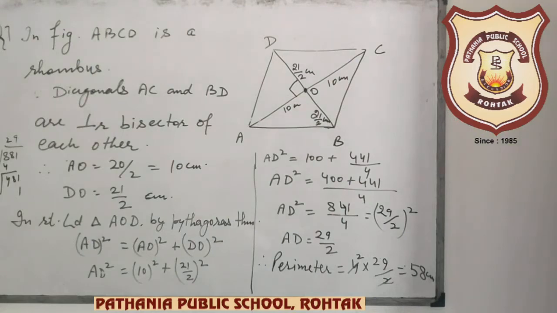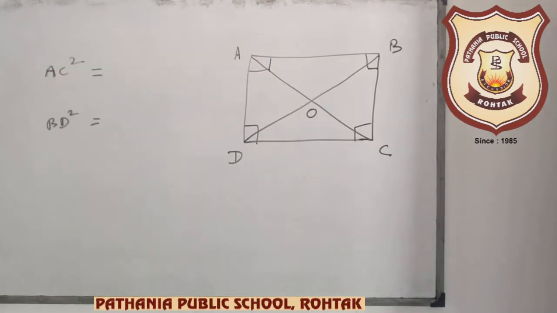ABCD is a rectangle. Using Pythagoras theorem, complete the following. In a rectangle, beta, all the angles are of 90 degrees. So we are going to use this fact. This situation is given in this question, that ABCD is a rectangle.